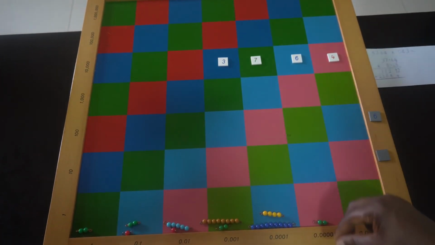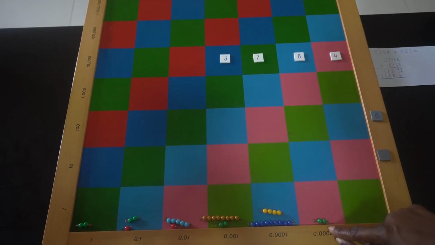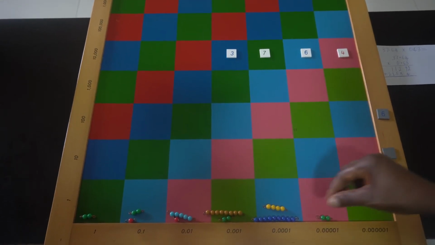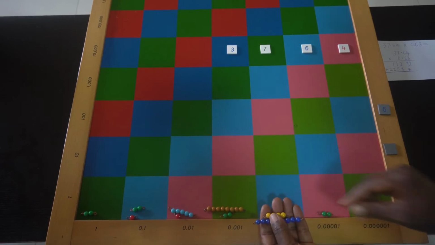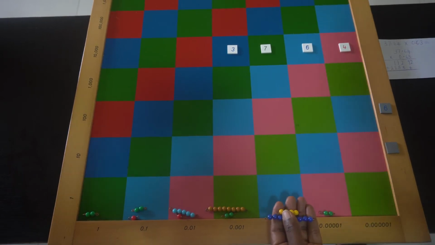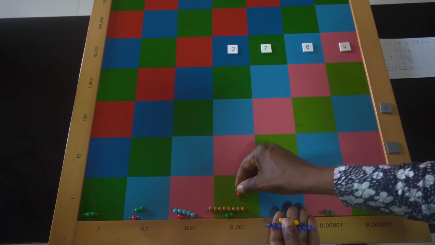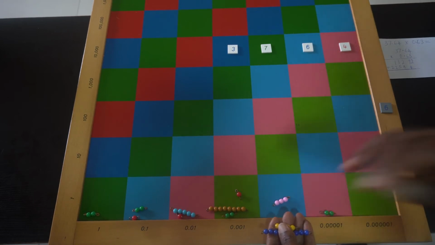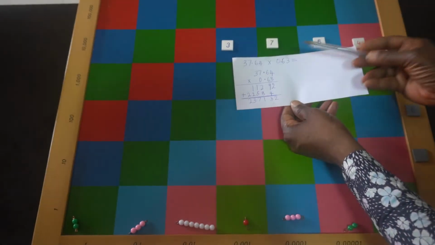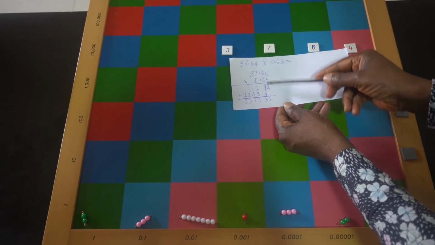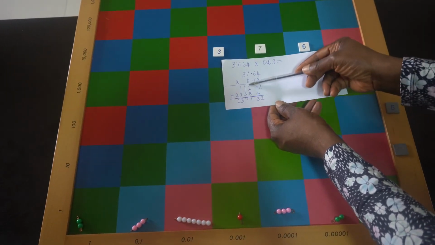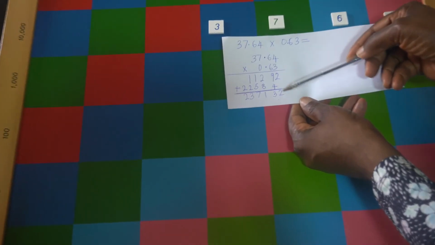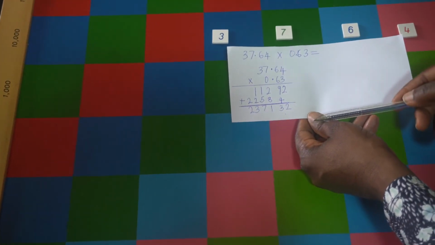So let's do our exchange. We have just 1 bead here, 1 bead bar, that's fine. 9 plus 4, 13. So we have written our second partial product and added the 2 partial products. This is our final product.